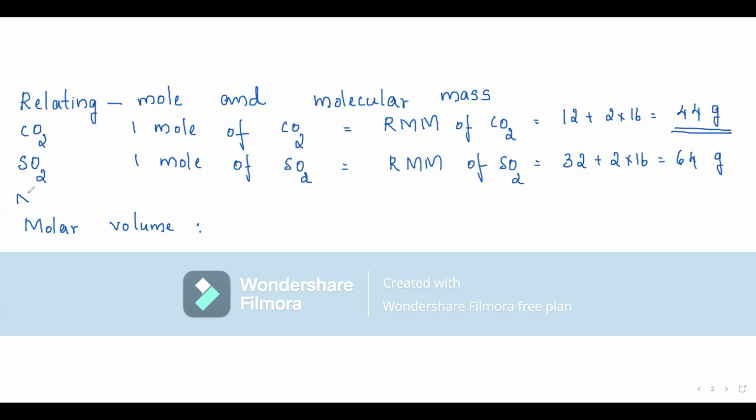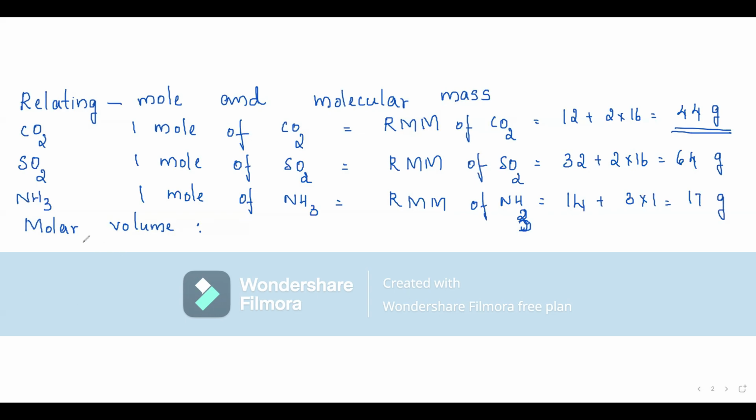One more example. If you take ammonia, then 1 mole of ammonia is equal to 1 RMM of ammonia. One relative molecular mass of ammonia, which is 14 plus 3 into 1, that is 17 grams.